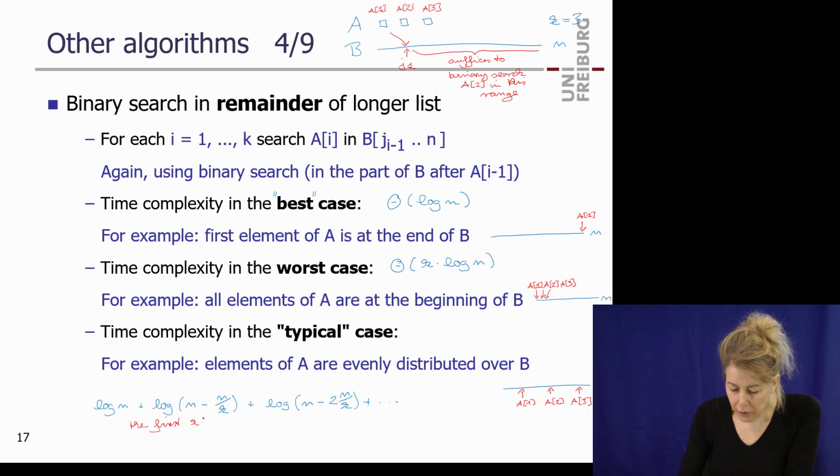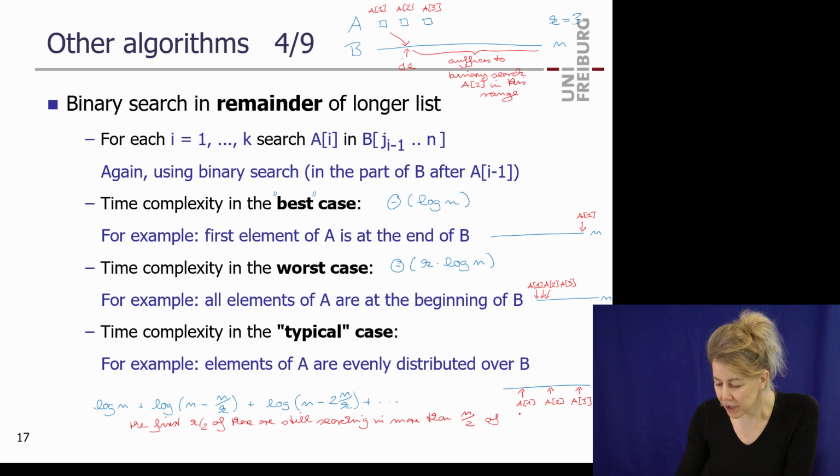And that's interesting. The first k over 2 of these are still searching in a range more than half, right? If you just take the first half of A, they are still searching in more than n over 2 of B. It's a bit sloppy formulation.